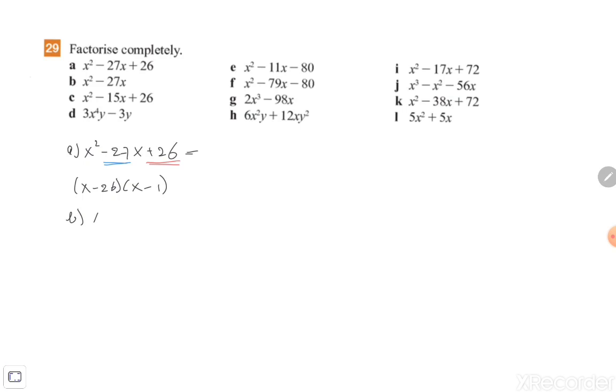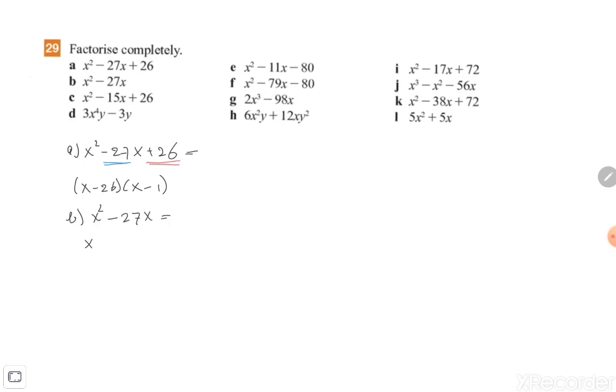Exercise B, x squared minus 27x. Here we need to factorize, we need to get one product outside, even of the x squared and the minus 27x. Which one is it? It's the x.